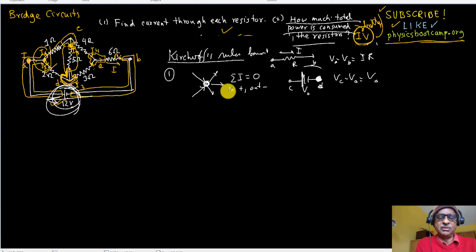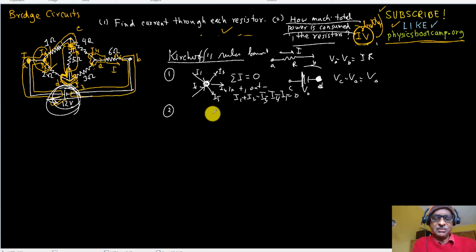So if this was I1, I2, I3, I4, I5, this will be I1 plus I2, they're coming in, and these are going out, so minus I3, I4, I5 equals 0. So this junction will give me a relation between them. We have already used that. It comes from conservation of charge and no building up. These are steady currents, so there's no building up, and the current isn't just disappearing over there.